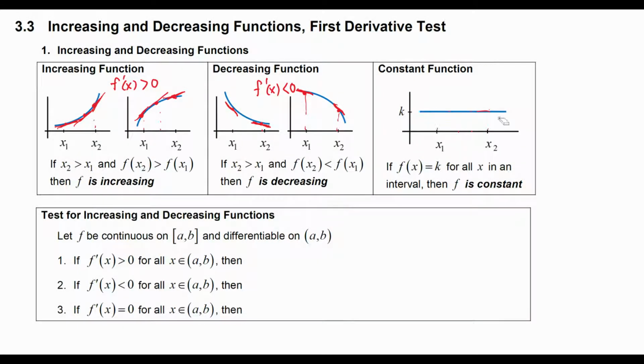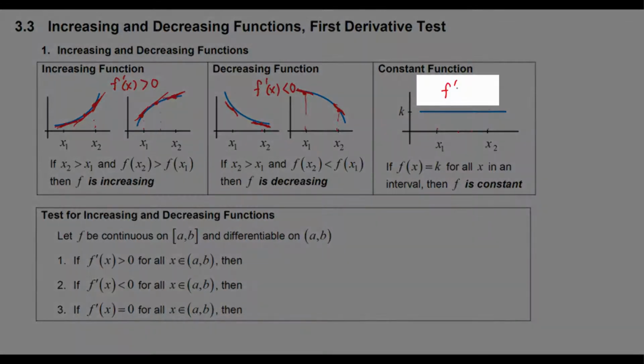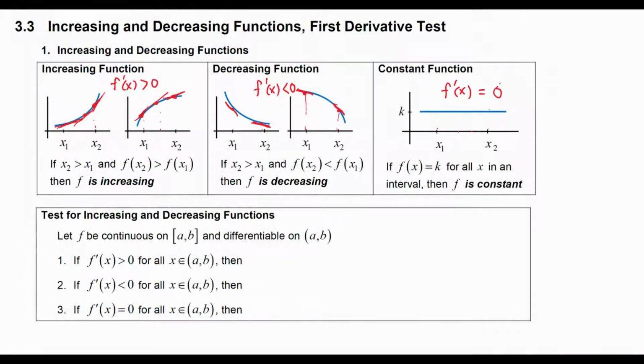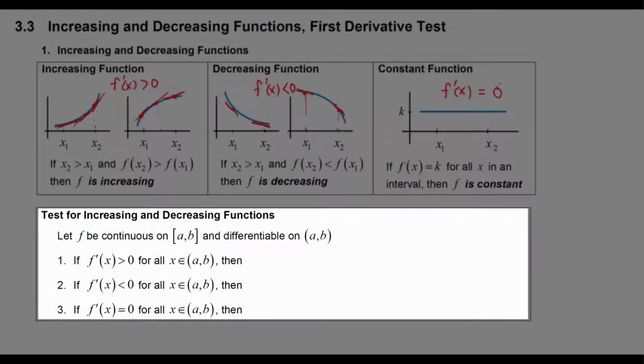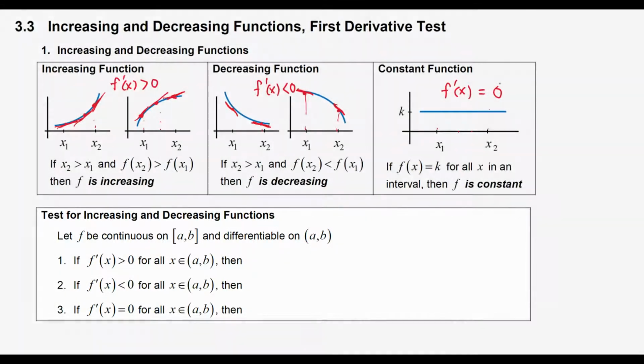And as you can see, what would be the slope of a constant function? Since it's a constant, it is 0. So for a constant function, f prime of x will be equal to 0. So that gives us a test for increasing and decreasing functions.